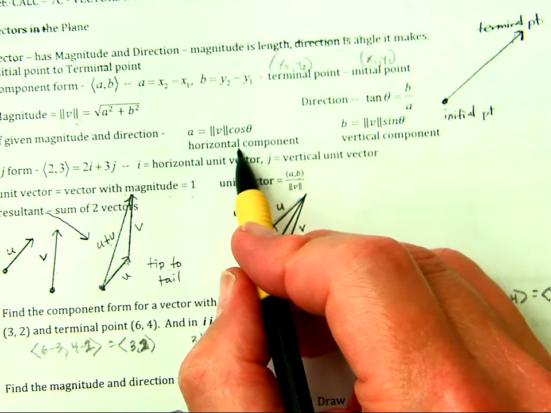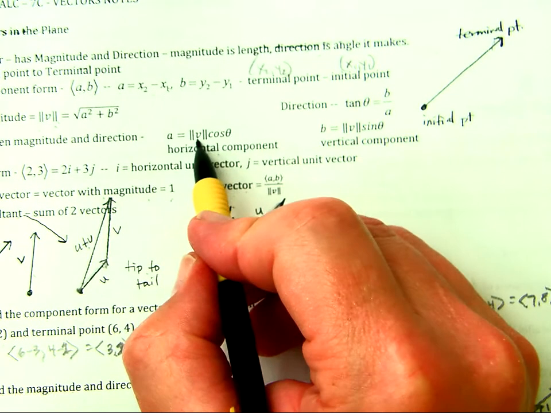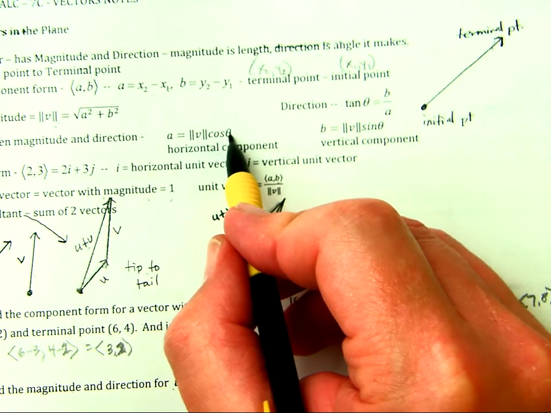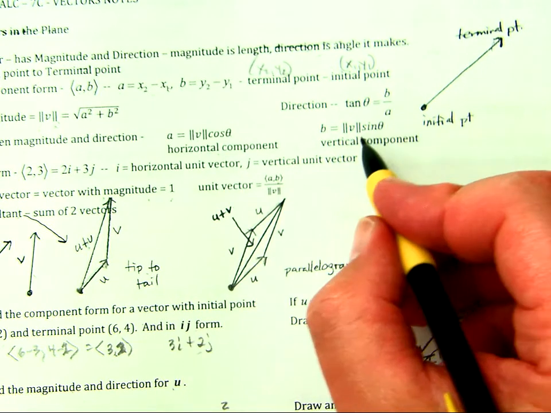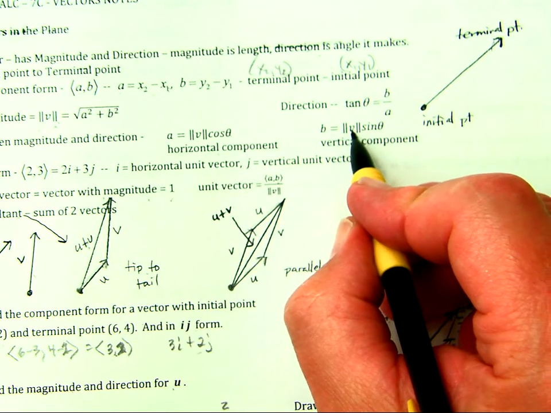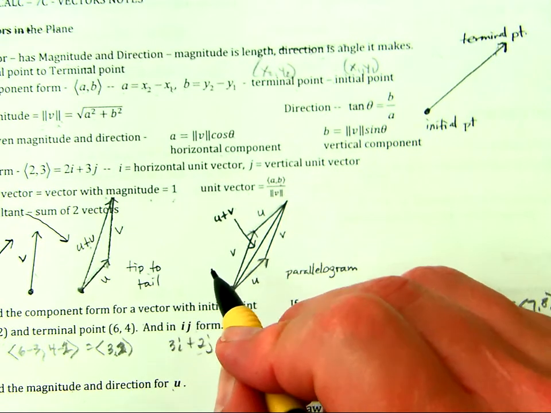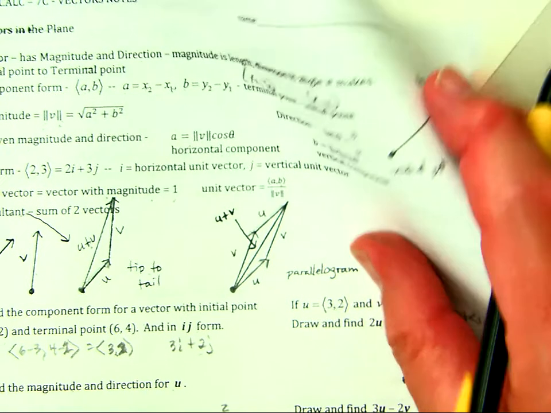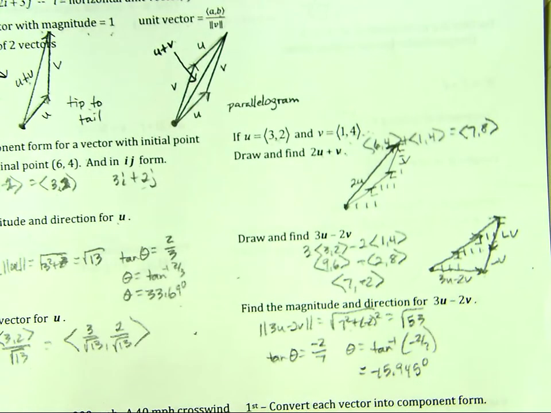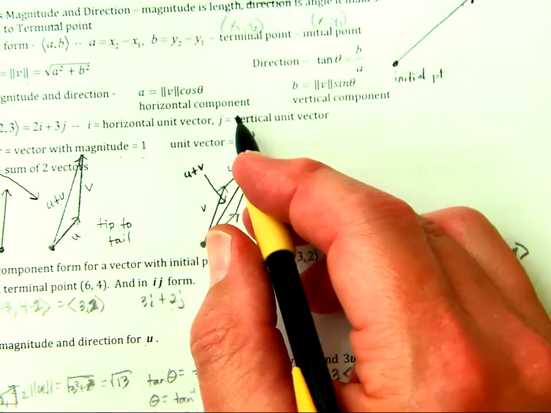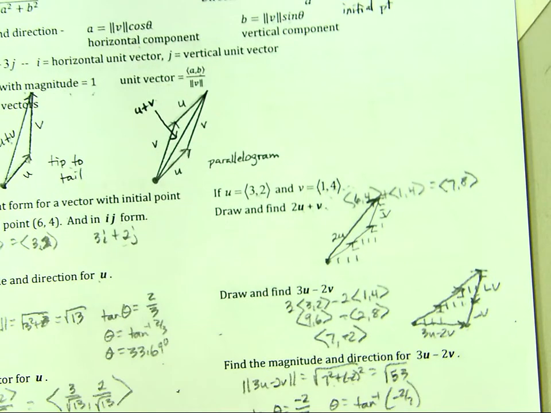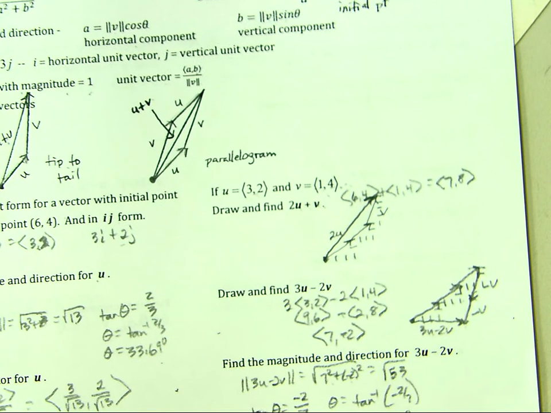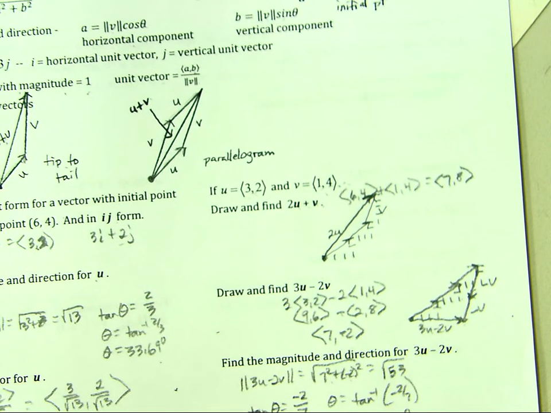To find the horizontal component, you take the magnitude of the vector times the cosine of the angle. To find the vertical component, you take the magnitude of the vector times the sine of the angle. So if we're finding component form without the endpoints, that's when you would use that to find the horizontal and vertical component. Here we want to convert each one of them to component form.